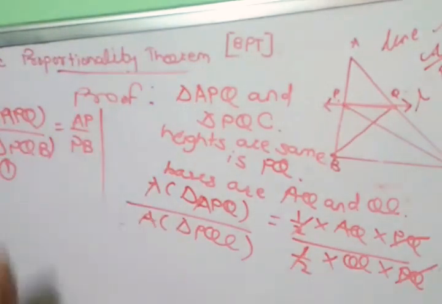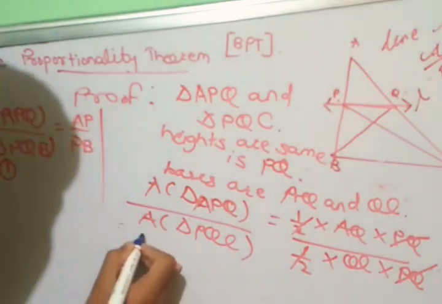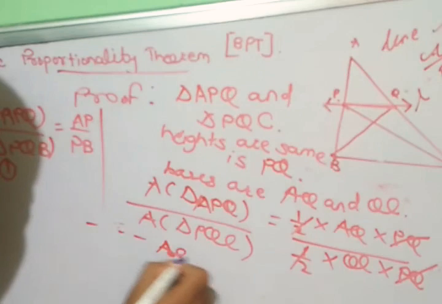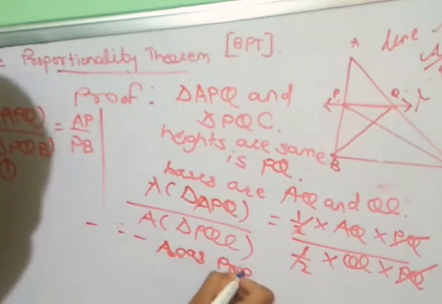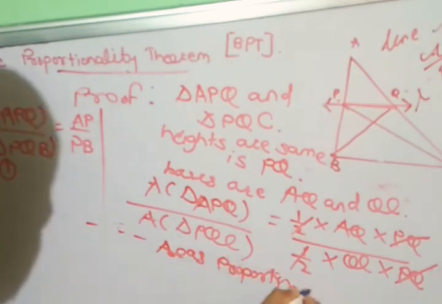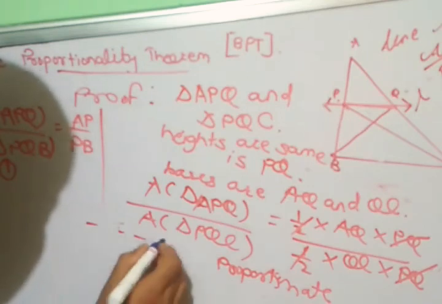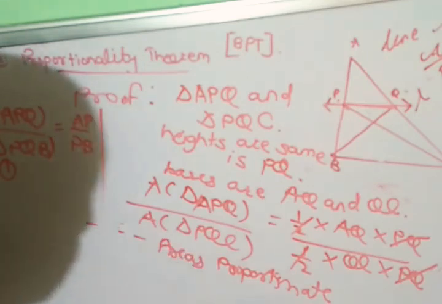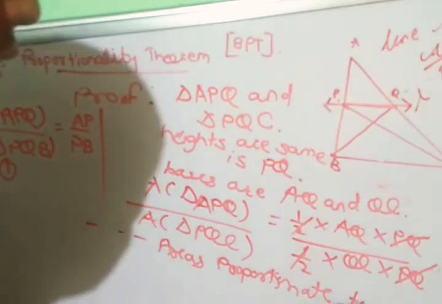So like triangle APQ and triangle PQC, in this also the areas are proportionate to the bases, because the heights are equal according to the conditions. Okay, so according to the conditions, areas are proportionate to bases.